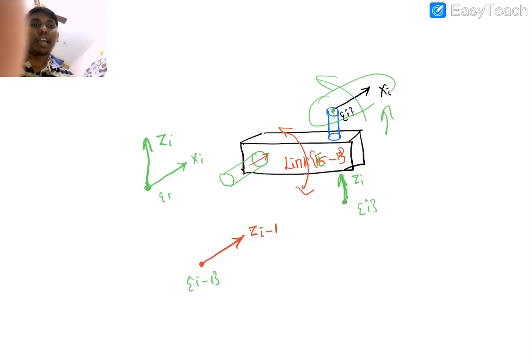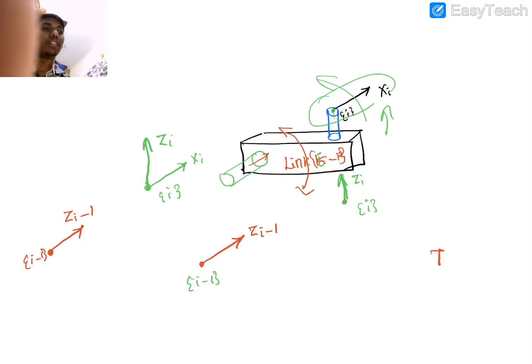So this is the ith frame, and the other one is the other axis, which is going inside the iPad, and this is what I call the i minus 1 frame. So what we want is the transformation information of the ith frame with respect to i minus 1. Okay, this is our interest. So, this transformation matrix, can we get it?